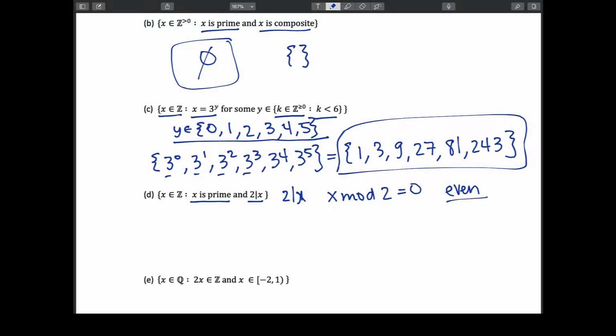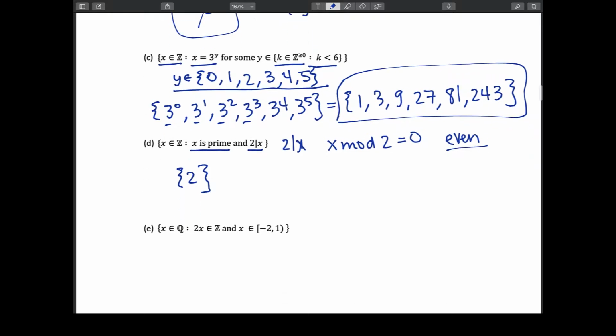So basically what part D is saying is that it's a prime number that's even. This is a very small set because we know the only even prime number is 2. After that, everything is odd. And we know no other even number is prime because 2 would divide it.